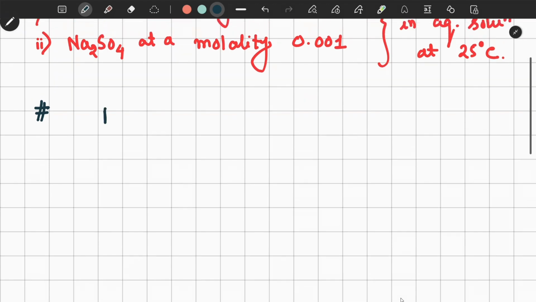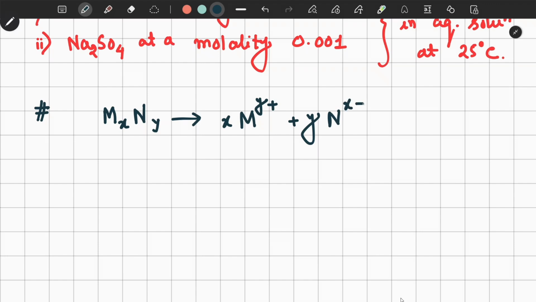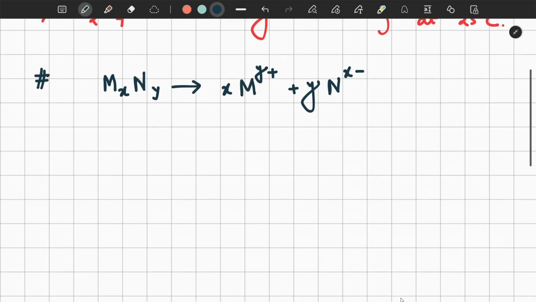Any salt, MxNy, this type of salt. It will totally dissociate into x number of cations and obviously y number of anions. So this will be our dissolved ions in the solution.